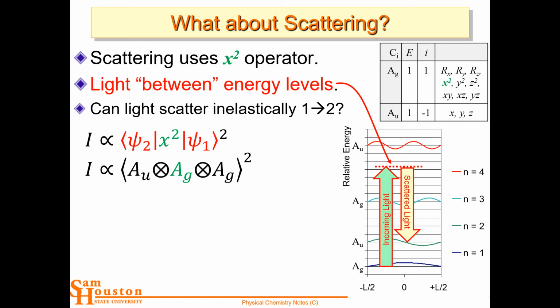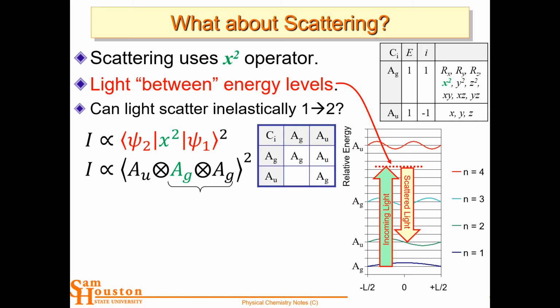So let's go ahead and substitute our symmetries. Wave function 1 is AG, wave function 2 is AU, and x squared up here in the table is AG. So AG is in the middle. At this point, eventually you're going to get comfortable with this, and you'll be able to see I've got all evens and one odd, and that odd guy is going to ruin the party. Okay, because let's just do our multiplications.